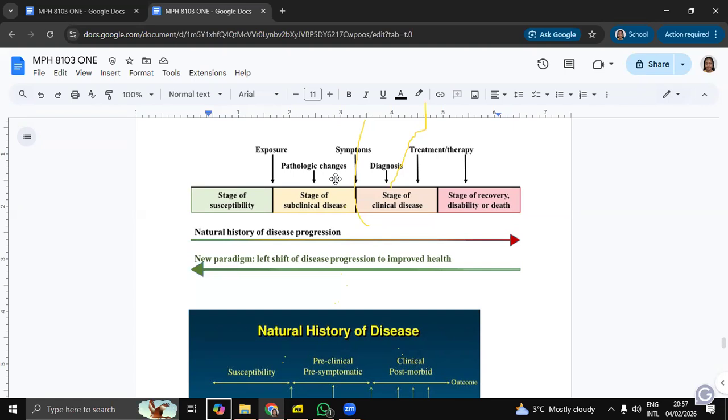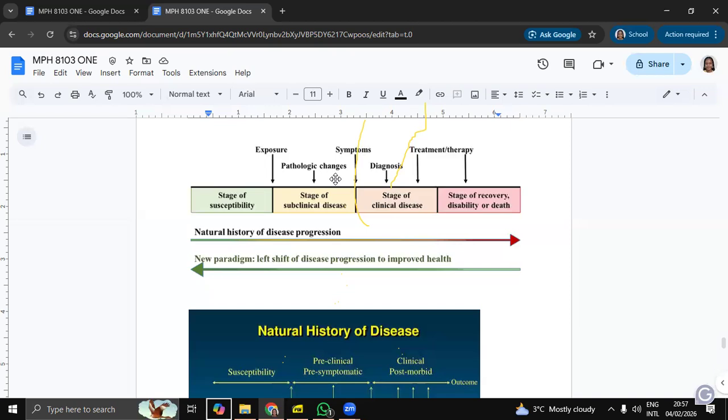Now, it will progress to the next stage, which is the stage of clinical disease. This is the point where you are going to the clinic. You are looking for a doctor. You say, this my body, something is happening, I'm having some symptoms.